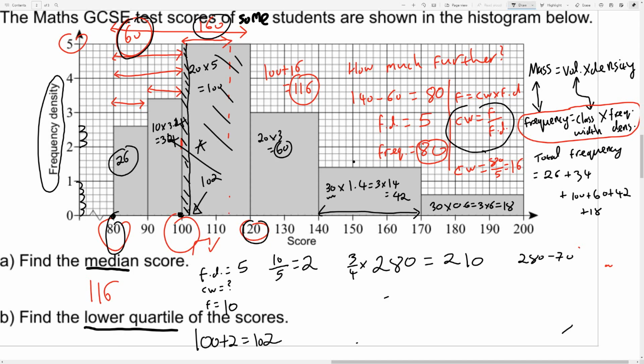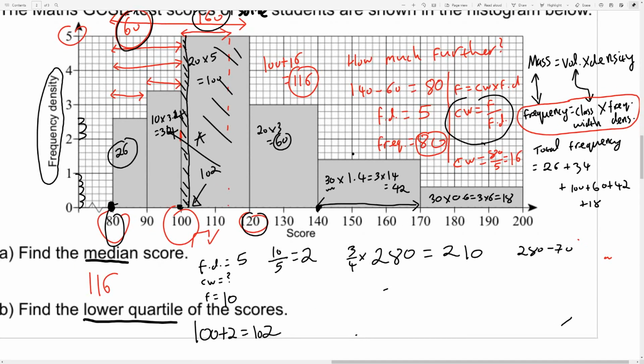So that tells me the first 220 scores lie between 80 and 140. The first 160 lie between 80 and 120, which doesn't get me far enough. The first 220 lie between 80 and 140, so the value I seek is going to be in the class interval 120 to 140. It's going to be in here somewhere.